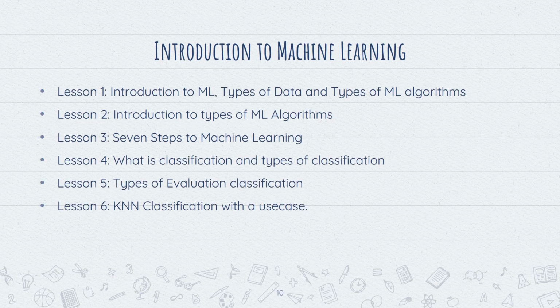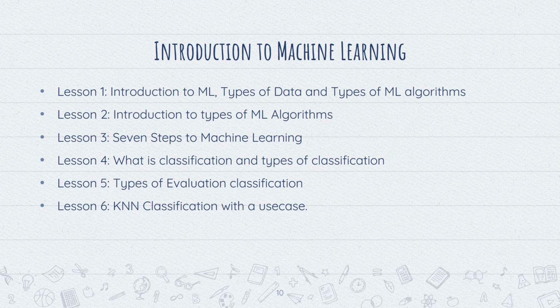And our next module, and trust me, this is the only theory module that is left in this whole course, and that is Introduction to Machine Learning. This contains all the good things about machine learning.